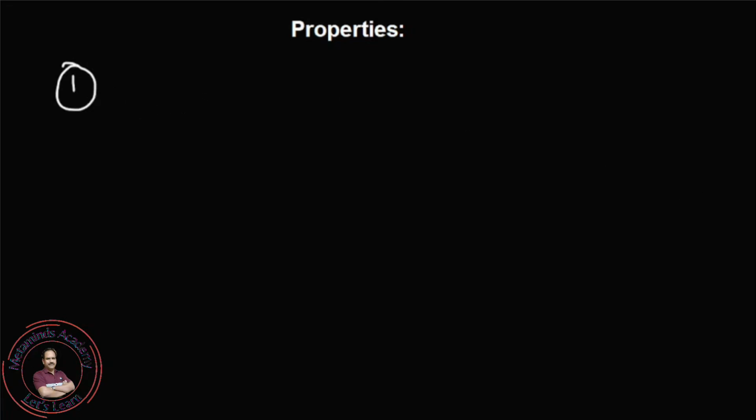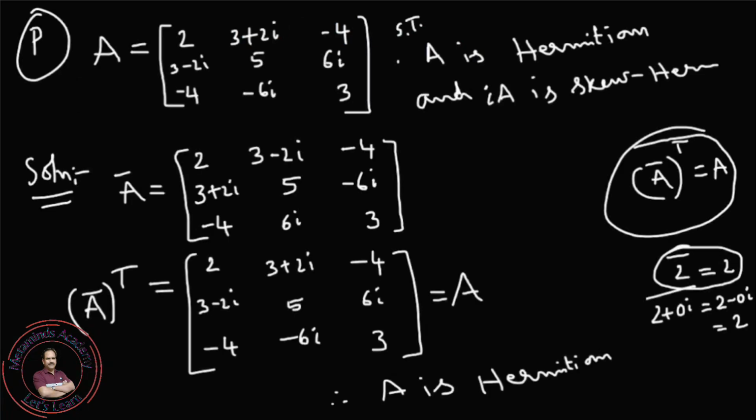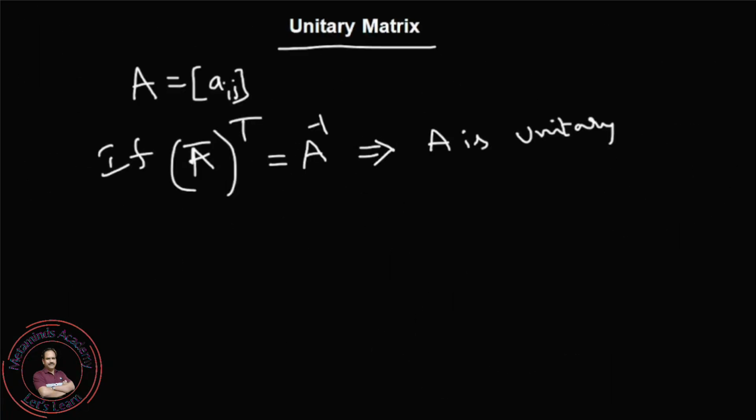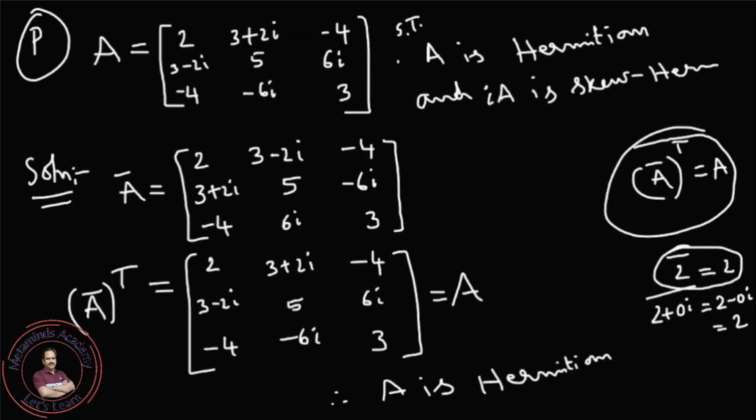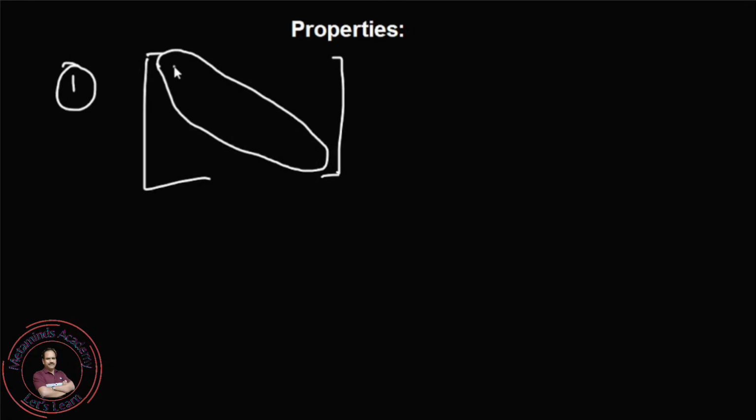If you see in this problem, we have just proved that A is a Hermitian matrix. So what is the principal diagonal of A? The principal diagonal elements must be real numbers.